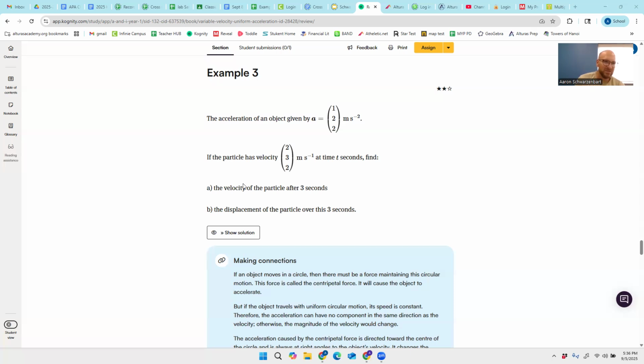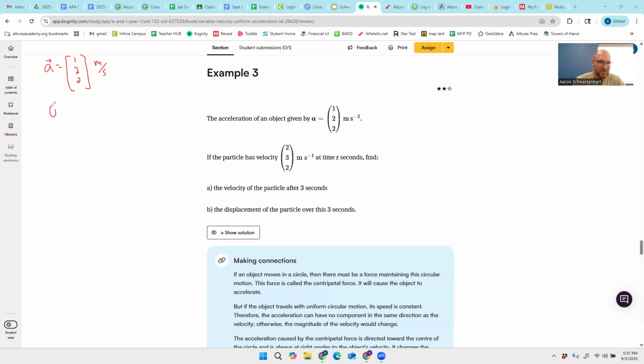So again, we're going to use our knowns and unknowns. My A vector is 1, 2, 2 meters per second squared.